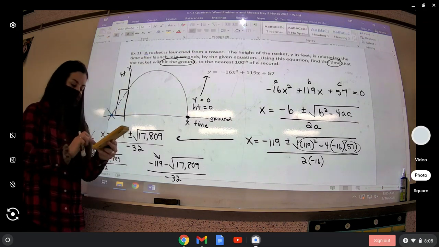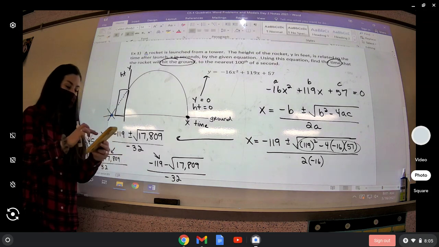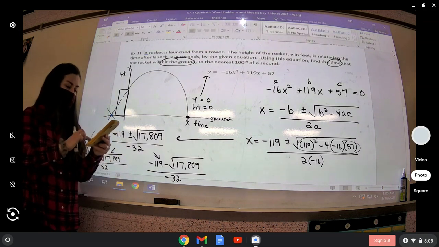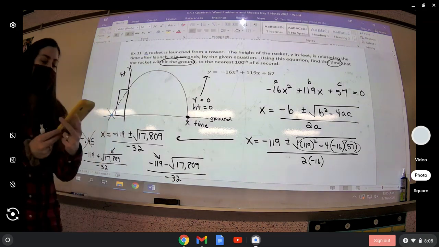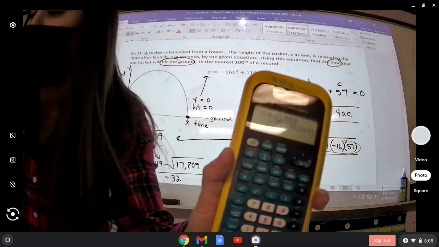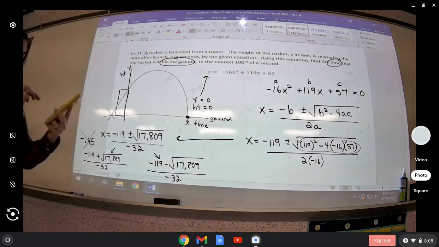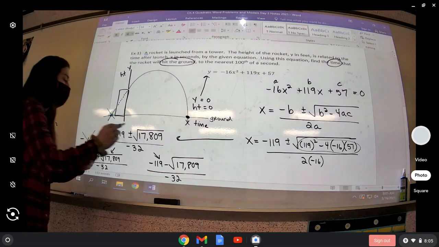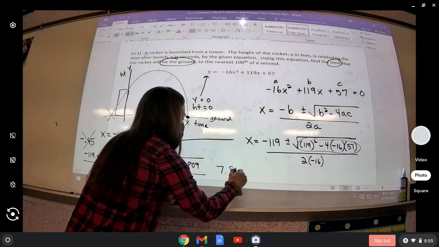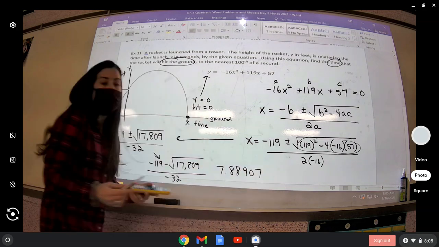So this is going to be the one that gets us our real answer. So let's get negative 119. Now subtract the square root of 17,809. Hit enter, but don't clear your screen. You get like negative 252.4503. Now divide that by negative 32. And you get 7.88907, blah, blah, blah.